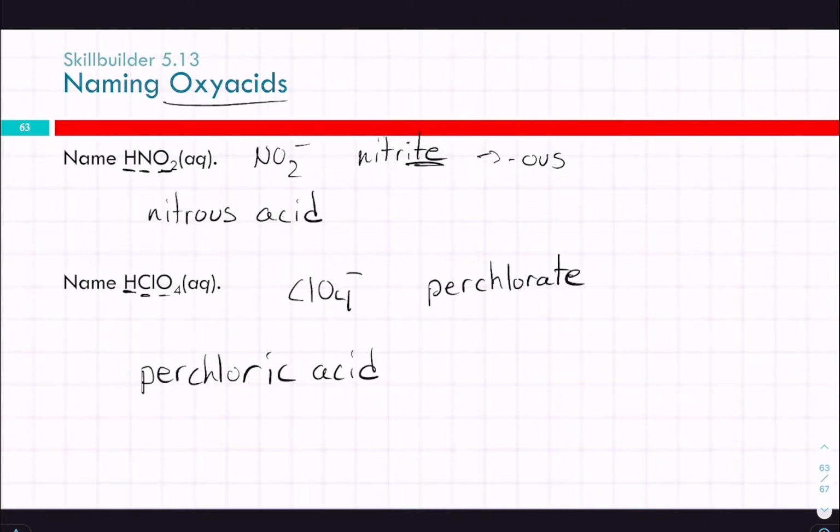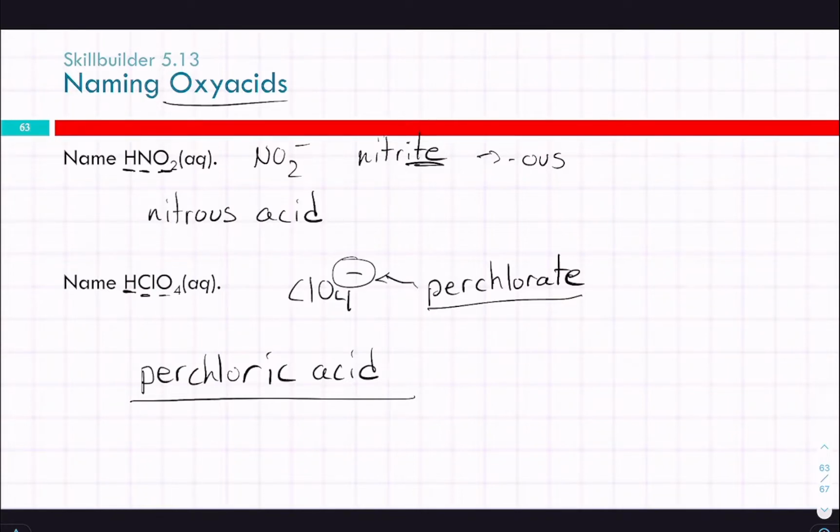Any questions on oxyacids? Yeah. You don't have to put anything for hydrogen when you're naming these ones? No, you don't. Do you know why? The charge on the oxyanion is always the same, just like when we're naming ionic compounds, the anions always have the same charge. So if we just had this name, perchloric, we would know that it's perchlorate, and perchlorate always has a 1- charge.